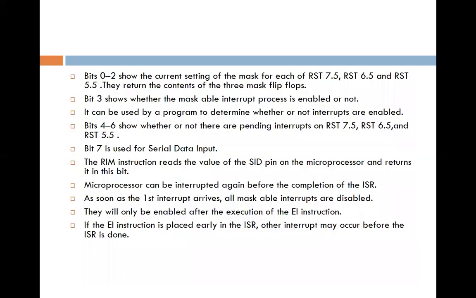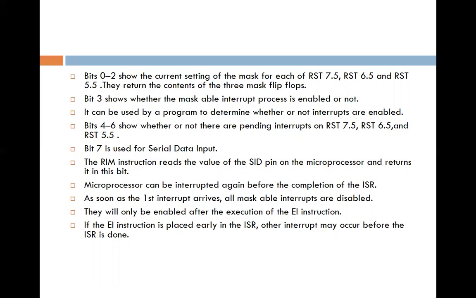Bits 0, 1 and 2 show the current setting of the mask for each of RST 7.5, 6.5, RST 5.5. They are the content of the 3 mask flip-flops. Bit 3 shows whether the maskable interrupt process is enabled or not.